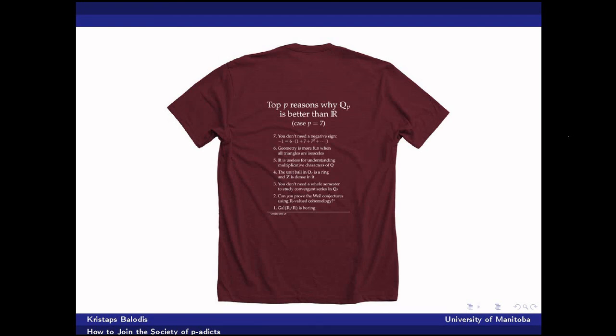We saw that triangles are isosceles in the p-adic numbers. A couple of these other ones in here we didn't really get to, and they're definitely beyond the scope of this talk, but hopefully those are some tantalizing features that will inspire you to keep pursuing this subject.